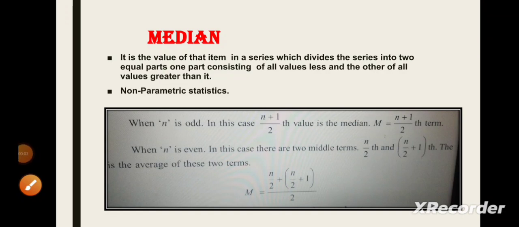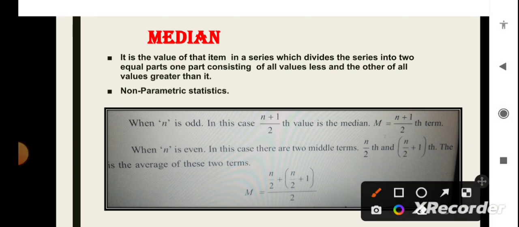Next, the most important measure of central tendency is the median. Median is the value of the item in a series which divides the series into two equal parts. One part consists of all the values which are less, and the other part consists of all values which are greater than it. The median is a non-parametric statistic, that is, it is not affected by the outliers.